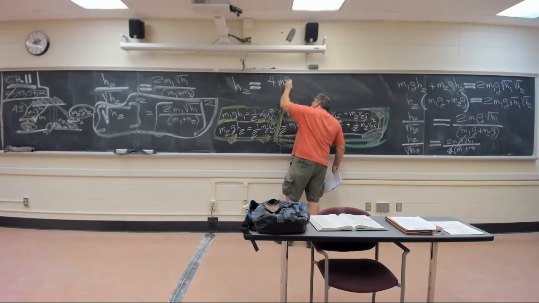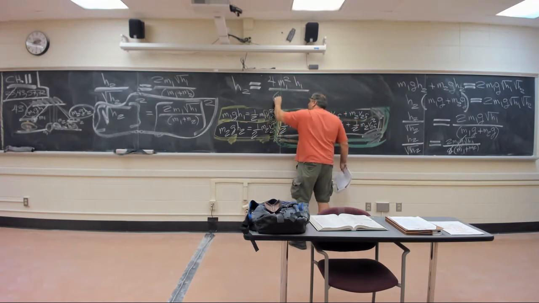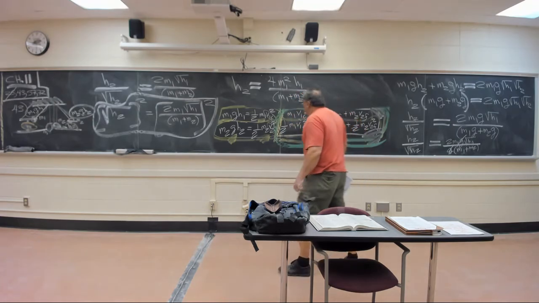Square the M1, you get M1 squared. Square the square root of H1, and you get H1. Square the sum of this, go ahead and do so. And you're done.